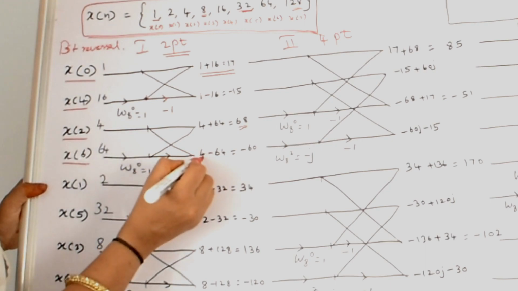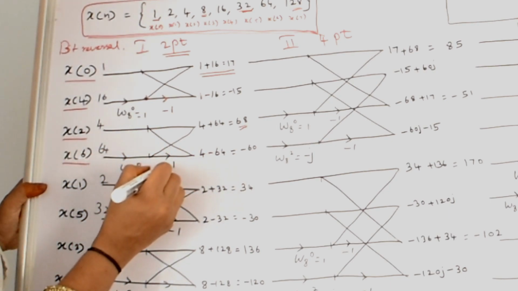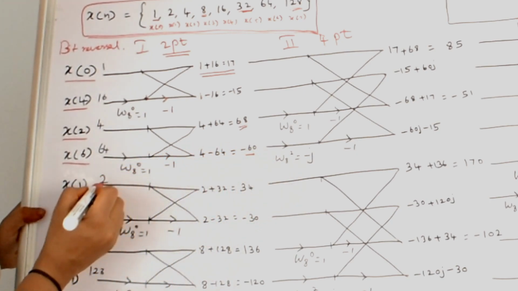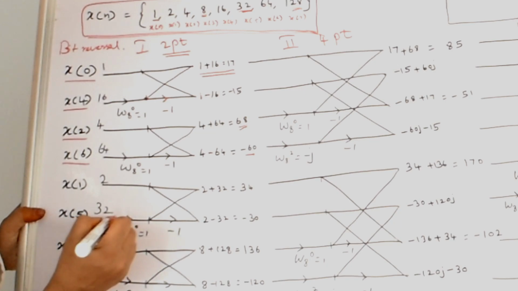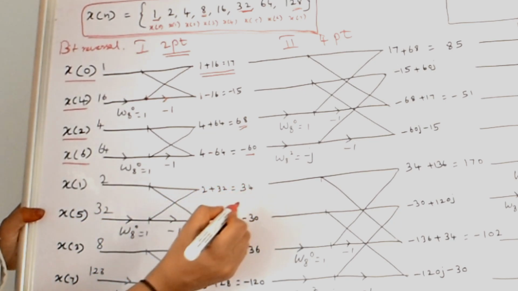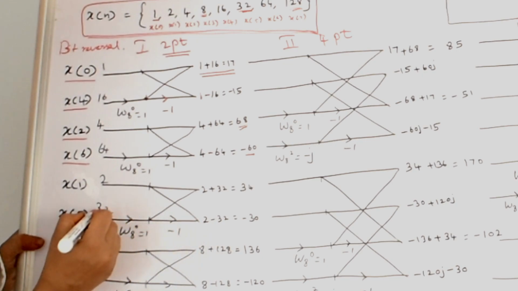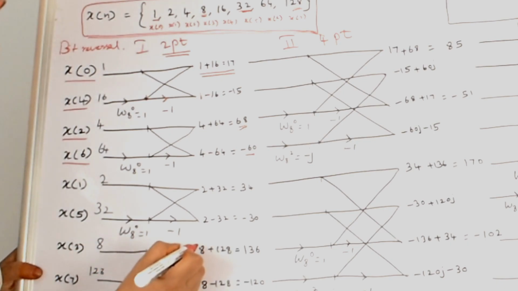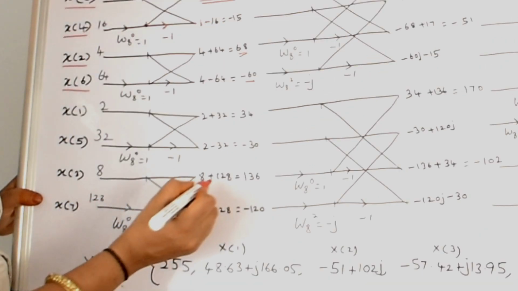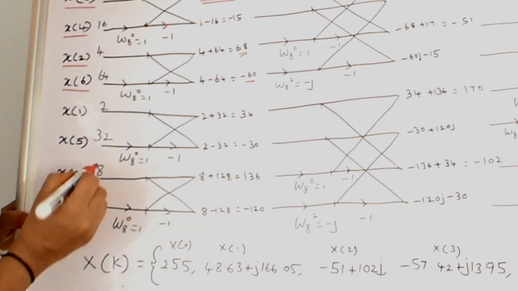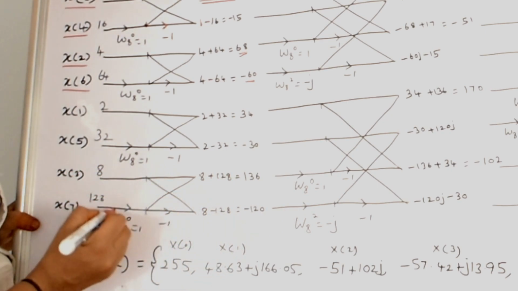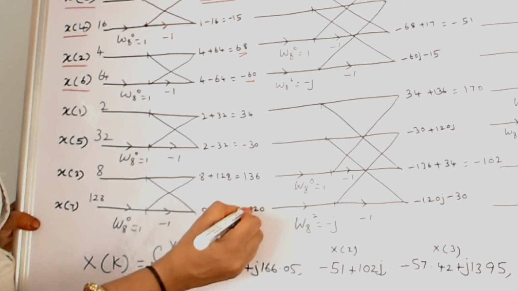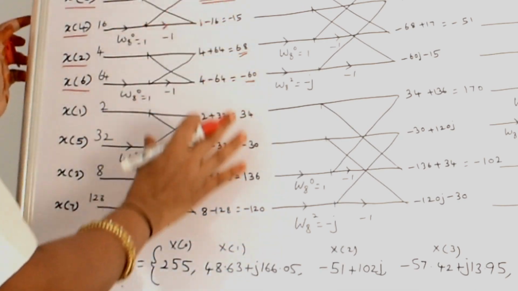The next one, 4, 64 into 1 into -1, it will be -64, your answer is -60. Next is 2 plus 32, your answer is 34. Next is 2, 32 into 1 into -1, so you will get -30. Next is 8 plus 128 into 1, your answer is 136. Next is 8, 128 into 1 into -1, it will be -128, so your answer is -120. This is your first stage.